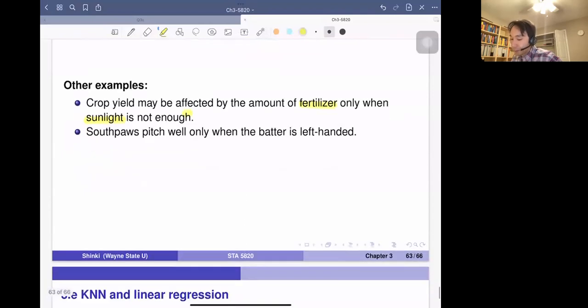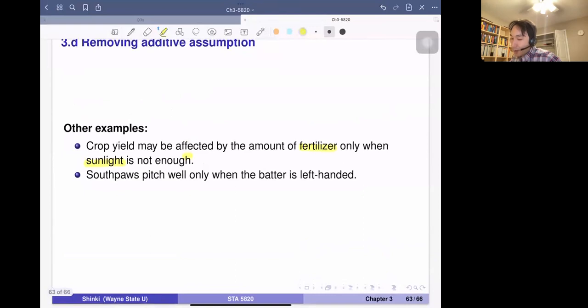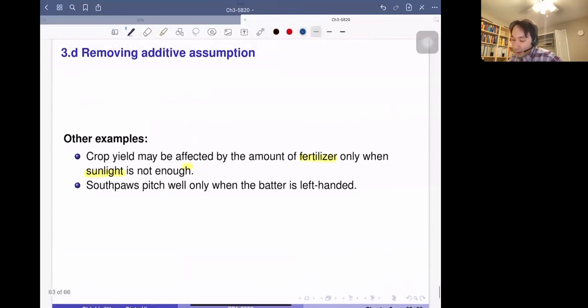Sometimes it's possible. Or the southpaws pitch well only when the batter is left-handed. Think about the batting average based on whether the batter is left-handed or right-handed, and also whether the pitcher is left-handed or right-handed. Probably the effect of this is almost zero, and the effect of this is almost zero.